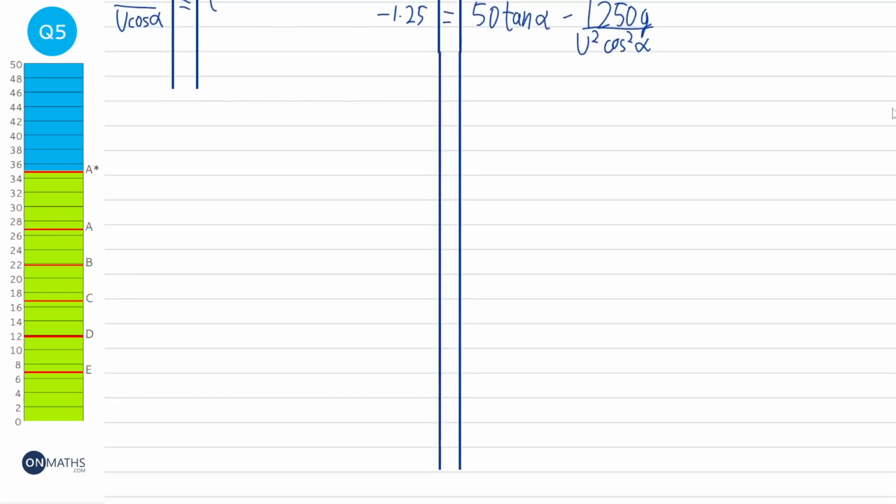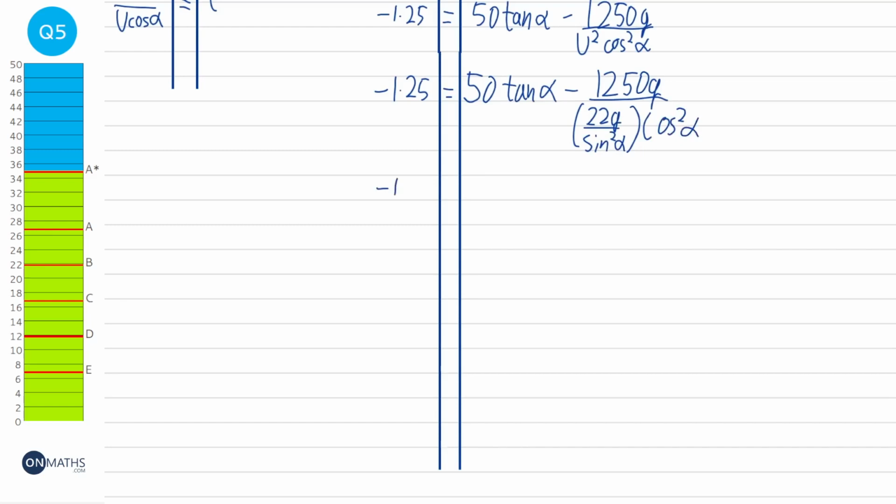So we're going to substitute that in, and so we've got 50 tan alpha minus, and then instead of the u squared, we're going to have 22g over sine squared alpha, then that's times cos squared alpha.